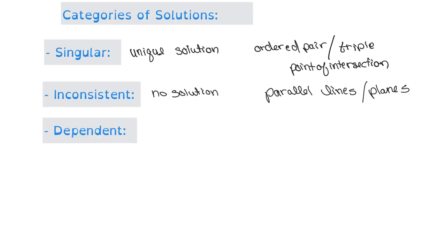All right. The third category is a dependent solution. If you think about it, dependent means what one does, the other one has to do, and they have to connect with each other. They're not independent or their own lines that are together. So in terms of a two-variable system, they're the same line, which means there are an infinite number of solutions.